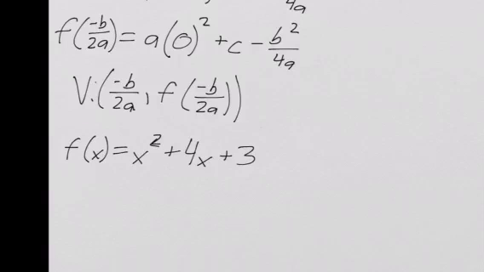So, my vertex, first I find the x-coordinate, so negative b, so negative 4 over 2a, so that's 2. And I'm going to write that as x equals, which is equal to negative 2. It also turns out that's going to be our axis of symmetry.